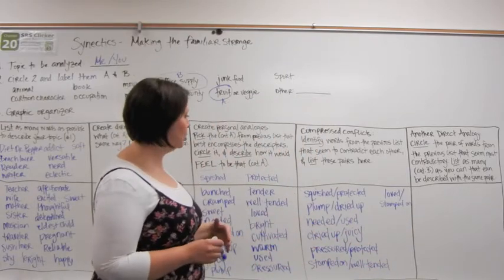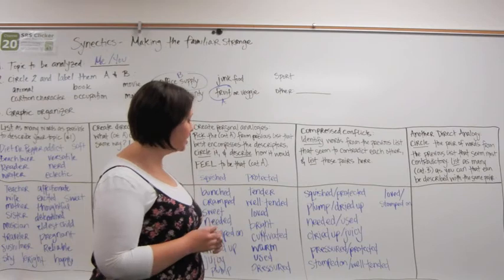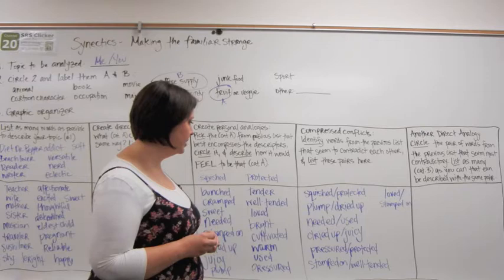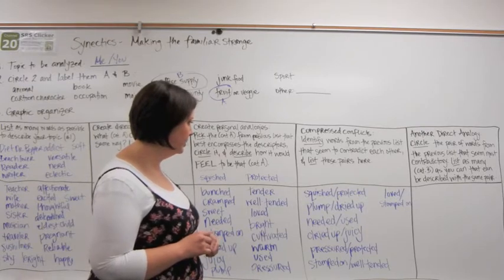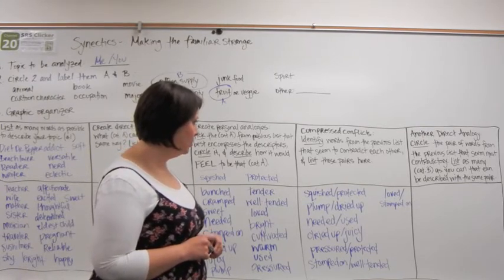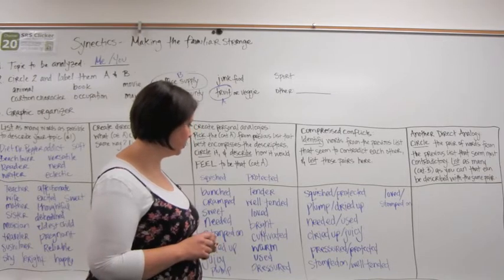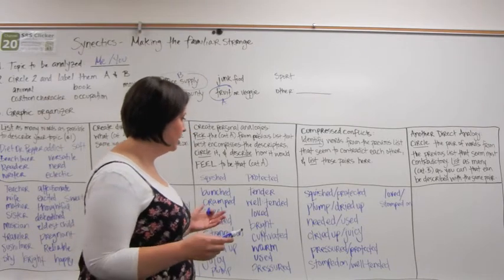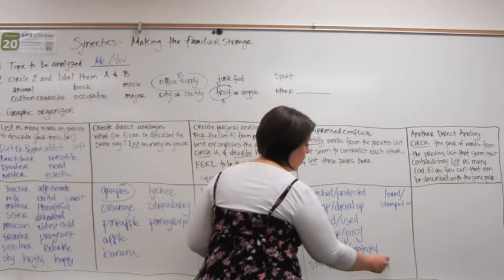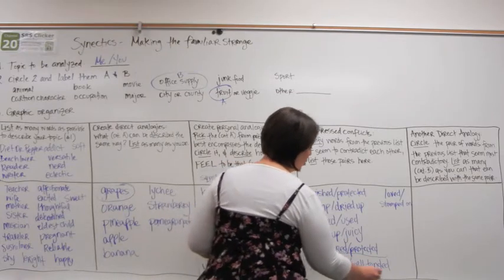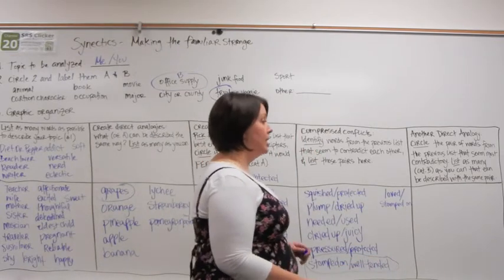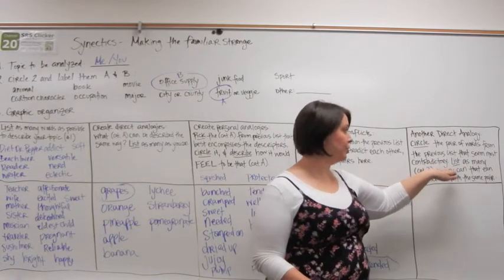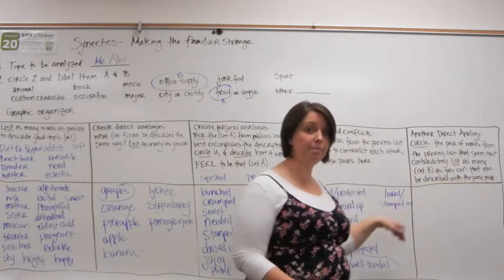So I'm going to look through my list and decide what I think is the most contradictory. And I'm going to go with stomped on and well-tended. So I'm going to circle that. Now, I'm going to list as many category B as you can that can be described with that same pair.